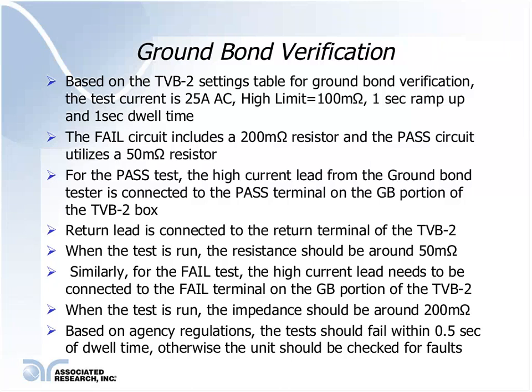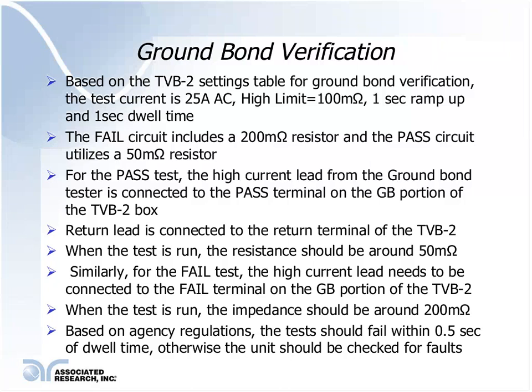Similarly, when the test is run, the resistance should be around 200 milliohms, which again should result in an immediate test failure. And this is what we're verifying. We're verifying if the tester will fail correctly, and if it does, then we know that our ground-bond tester is working within specs.